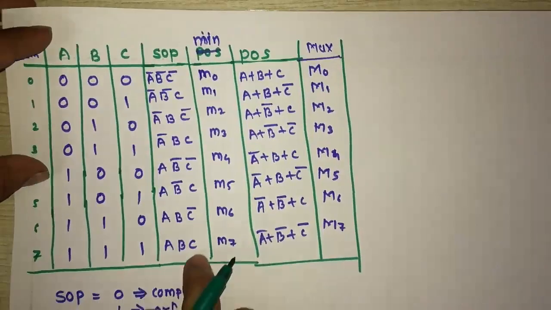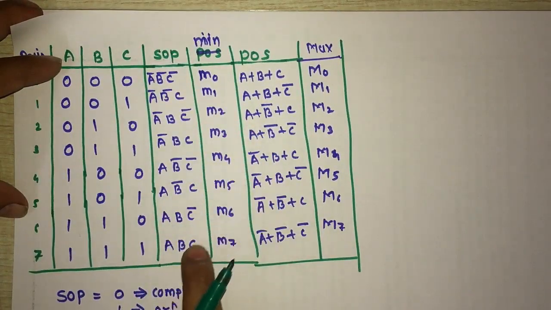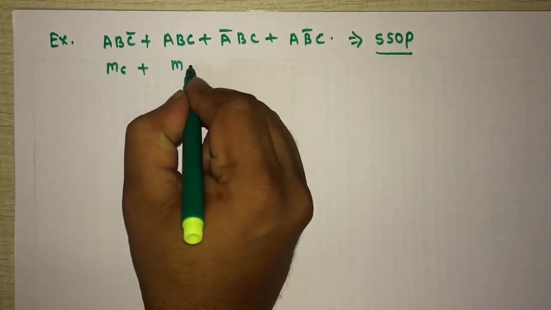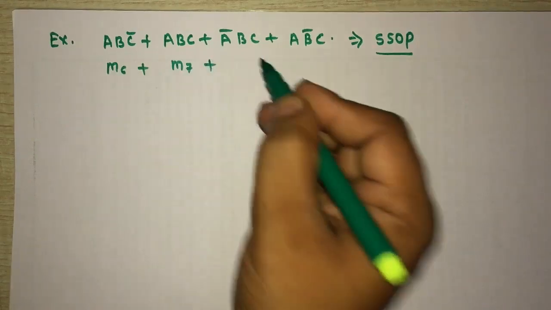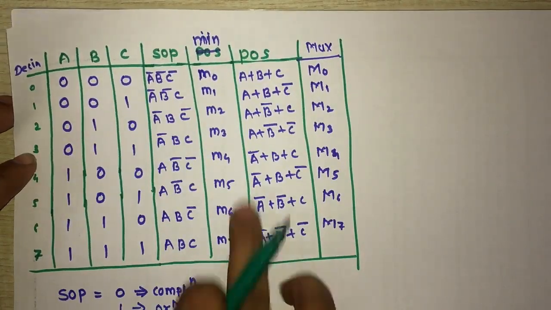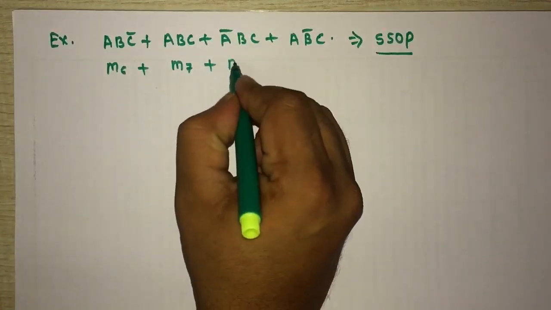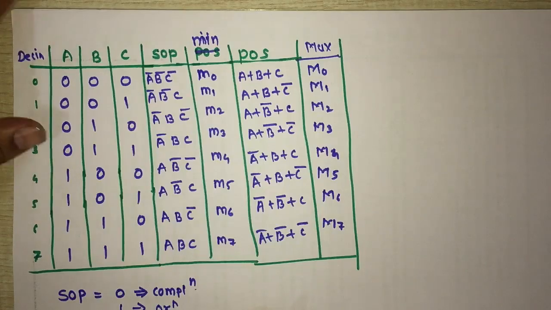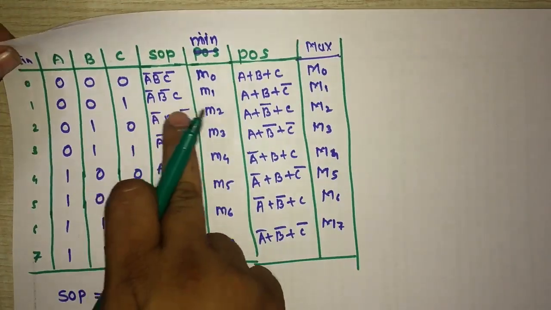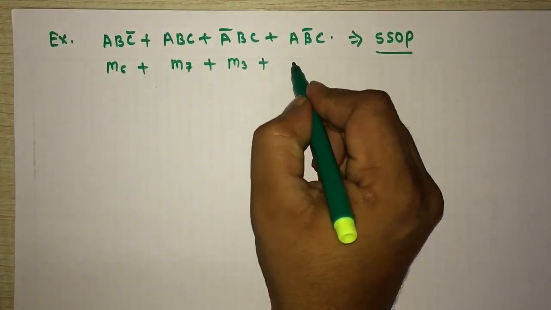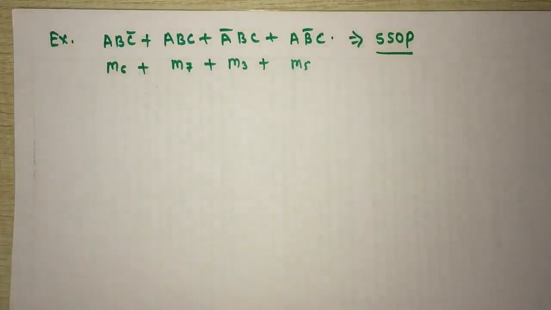A B C, where is A B C? Here, the last one, m7. So here we will write small m7, plus A bar B C, m3 term, m3, plus A B bar C, m5. So this is m5.